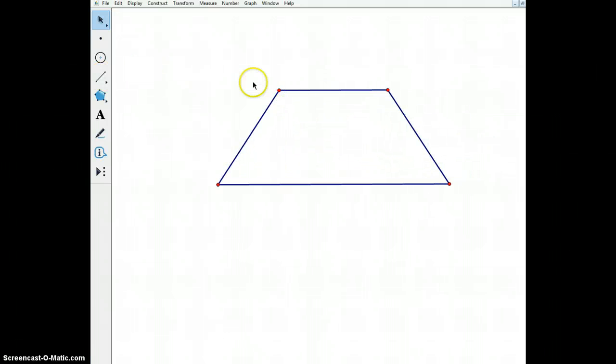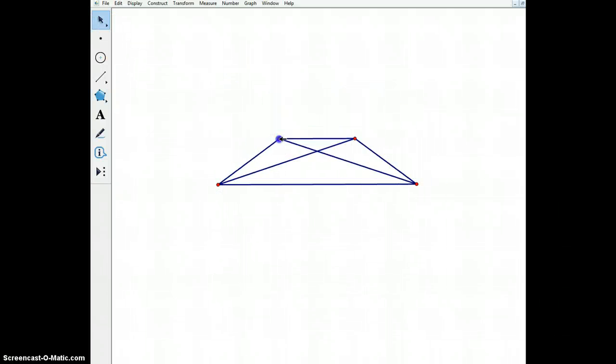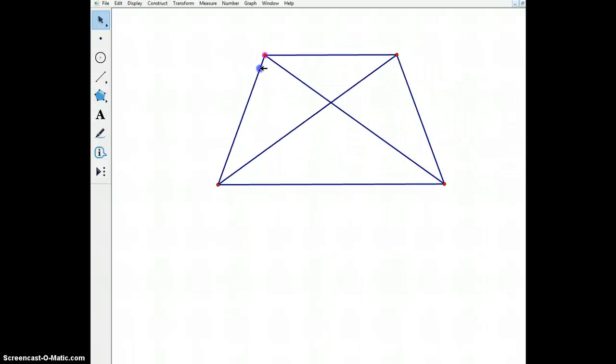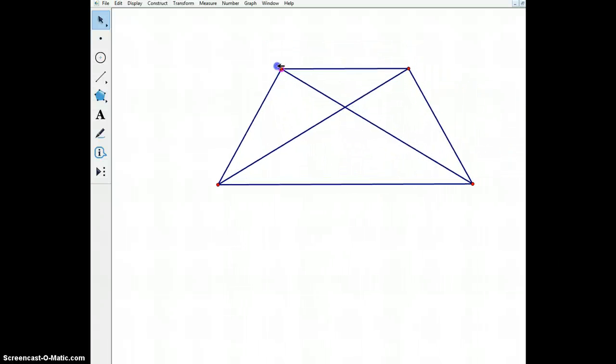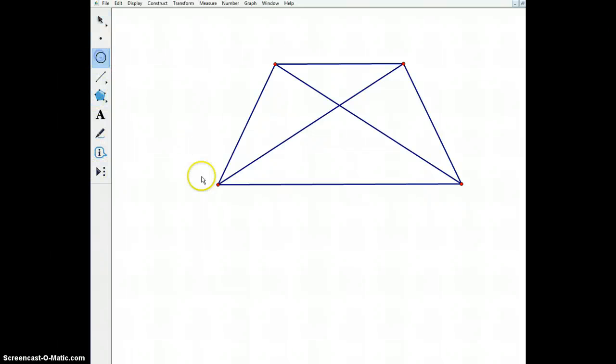Some conjecture could be that maybe we have angle bisectors, so let's see if that is correct. Well, these seem kind of close to 90 degrees, but as we adjust the shape, it doesn't really look like they're 90 degrees, but let's test just to make sure.